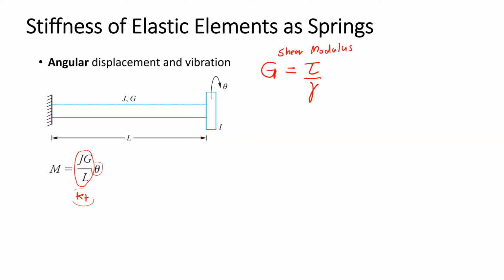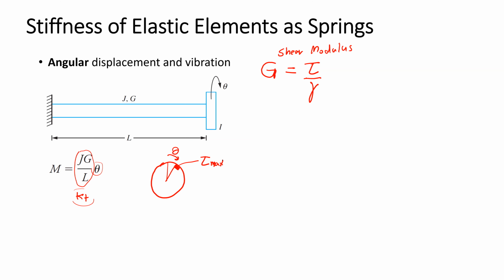If we see the cross section of the rod, we can twist it by the angle theta, and the element on the surface of the rod will have the max shear stress.